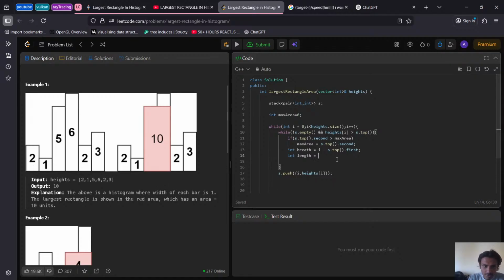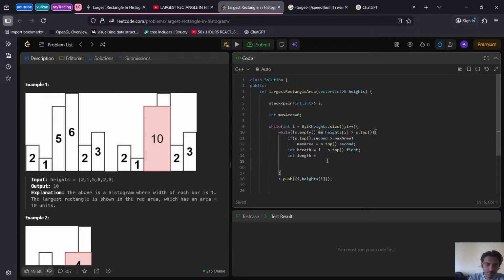We pop this one, and we know our length, and we can move on to this one. As for the push, what do we push? We don't have to push it here.